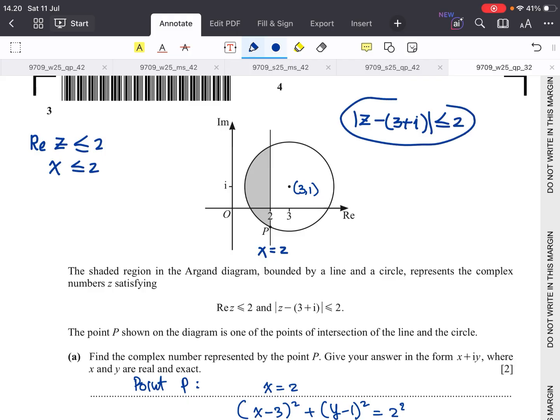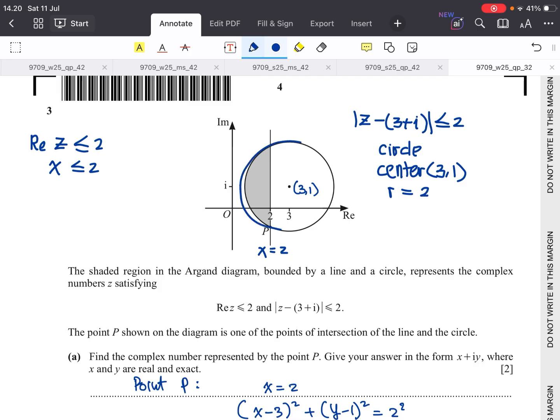Now absolute z minus 3 plus i equals 2 is a circle with center 3, 1 and radius 2.